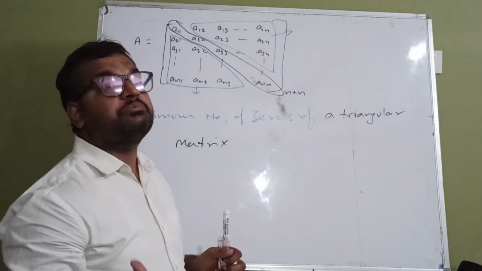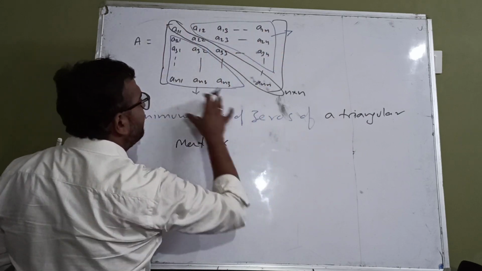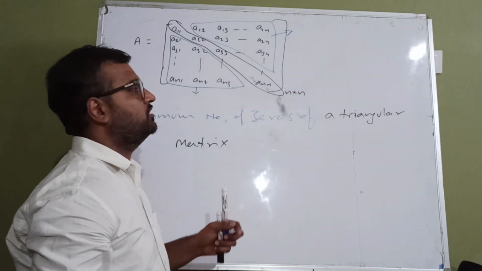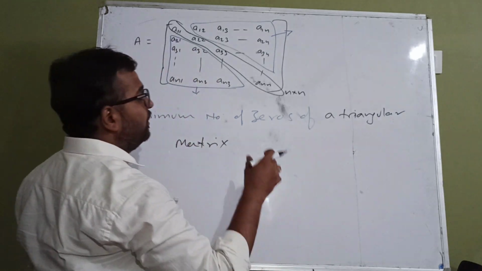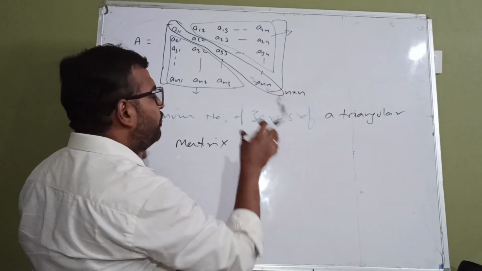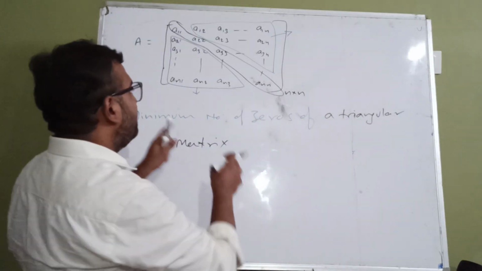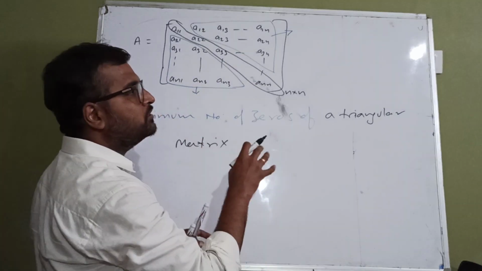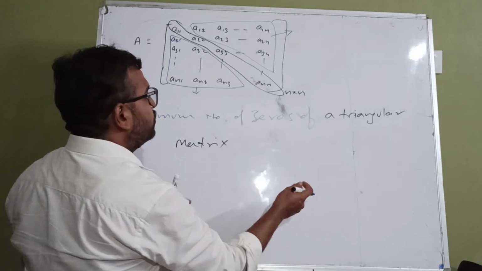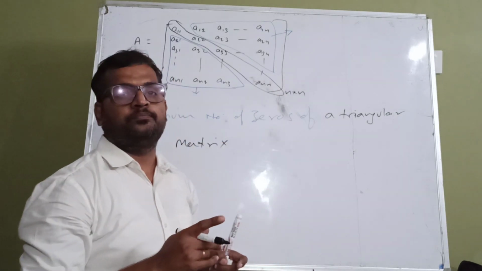What is the meaning of this question? Suppose a square matrix of n by n order is there, and the question asks what the criteria is. How many minimum number of zeros must be there so that a square matrix turns into a triangular matrix?